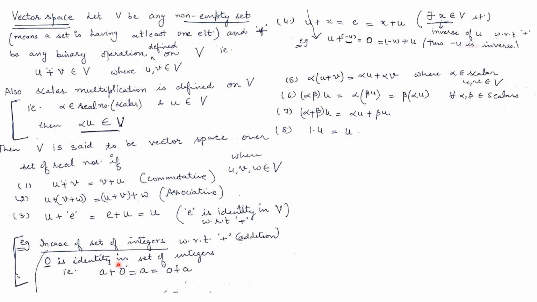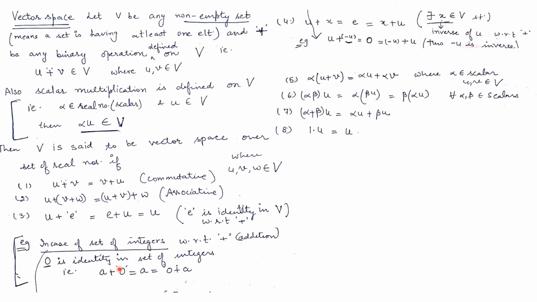If you add any two integers, you will again have an integer. So 0 is also a member of the integers, which means there exists an identity in the case of integers. But if we consider the set of natural numbers, then there is no identity with respect to addition in the set of natural numbers.